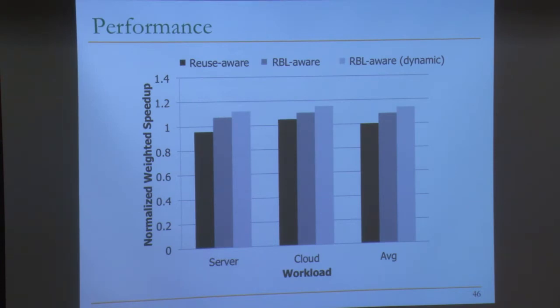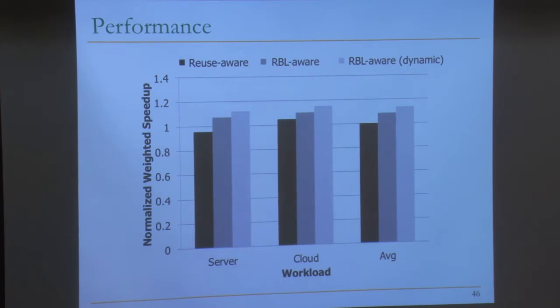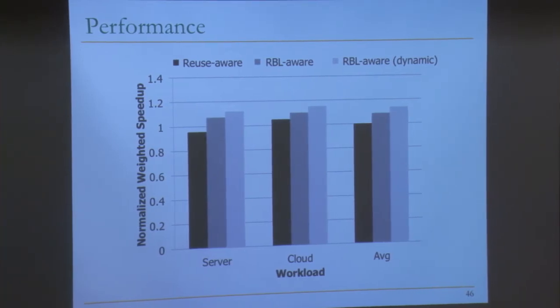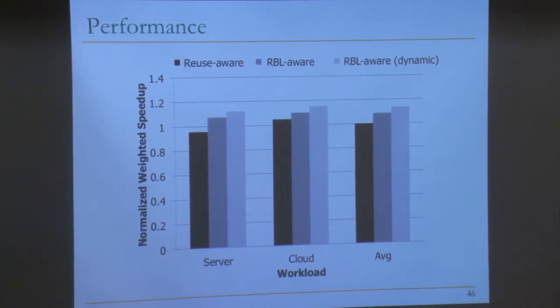There's 3 different policies that I'll show here. The leftmost bar is a caching policy that's just reuse aware. So if you were to just track how frequently used is this data and just cache data that's really frequently used, that's that performance. The middle bar is row buffer locality aware. So this is if you just tracked, how frequently am I missing in the row buffer and cache that data, that's that bar.